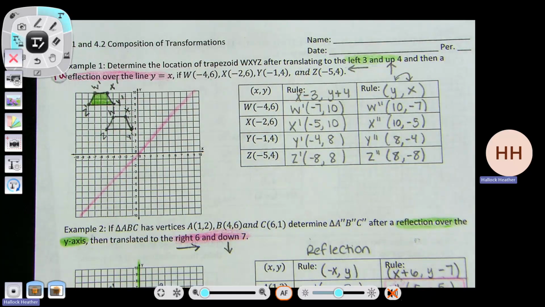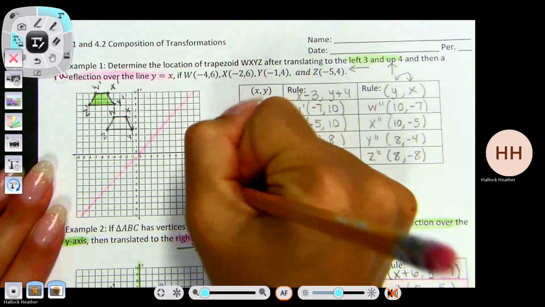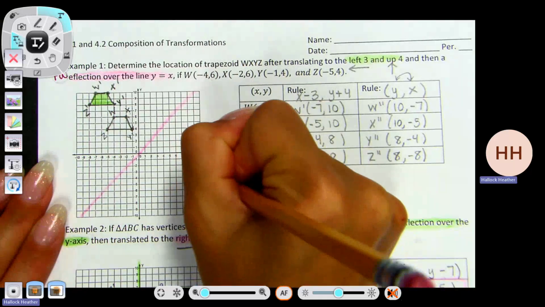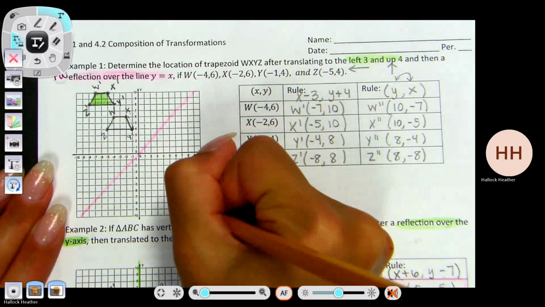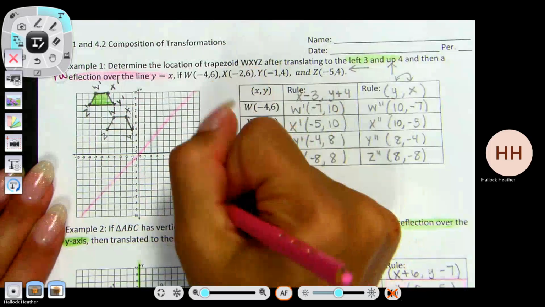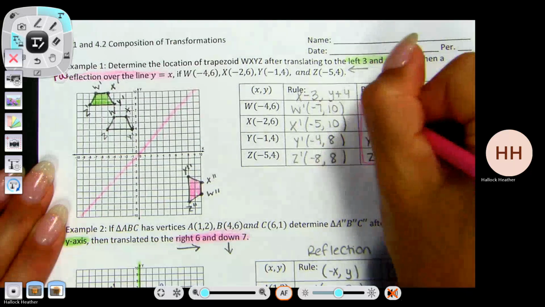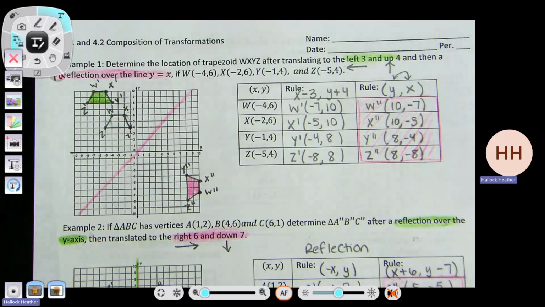It's like flipping sideways. And the coordinate points that are technically the final answer are after both transformations.